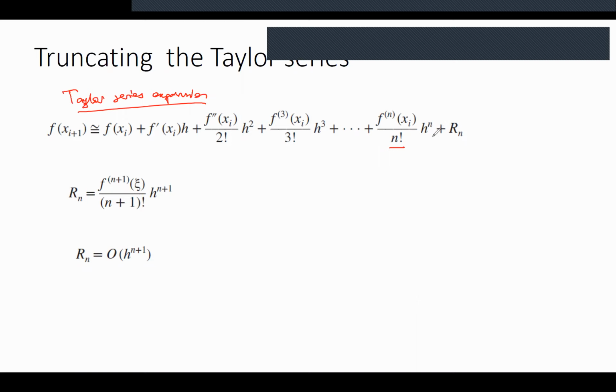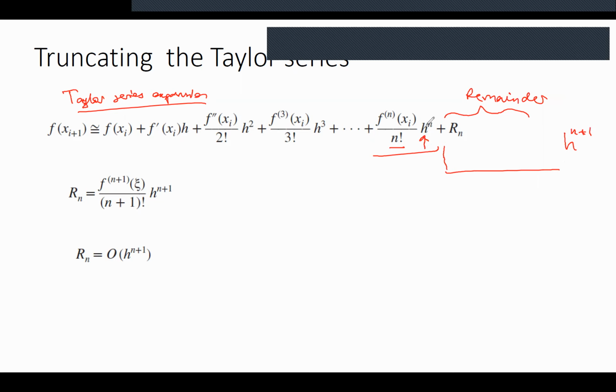Now, after this term, we can write down the remaining terms here, what we call the remainder, as the term that represents all the values with h to the power n plus 1, n plus 2, n plus 3, n plus 4.